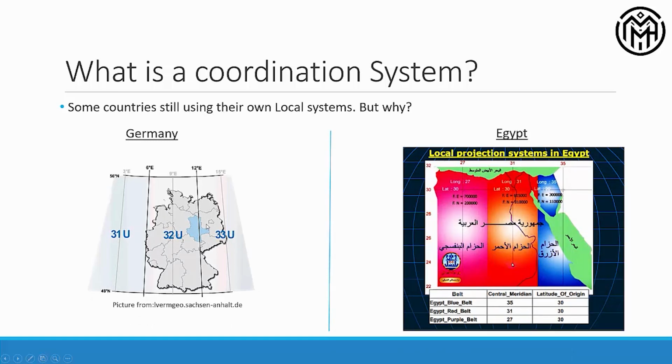So let's say now I am in the western part of Germany. Let's say I'm in Cologne or Düsseldorf.